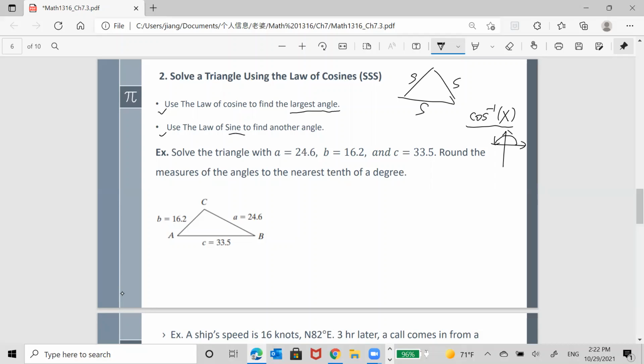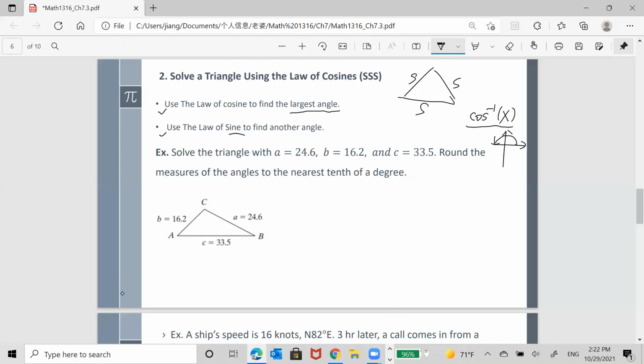First, use the law of cosines to find the largest angle. The largest angle is opposite the longest side, so angle C is the largest angle.